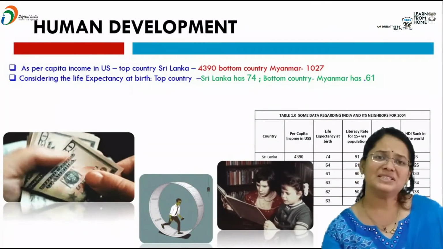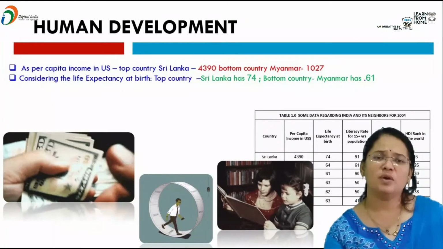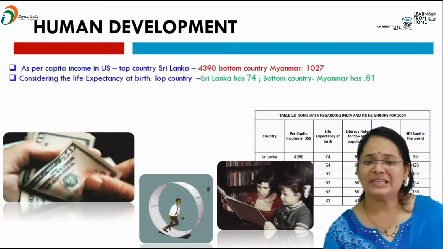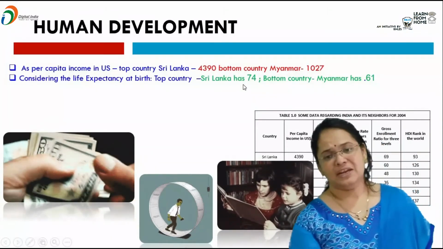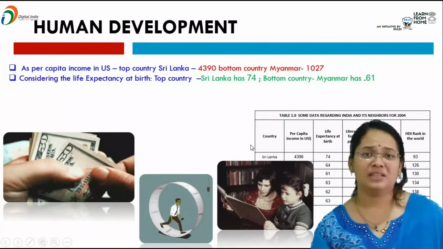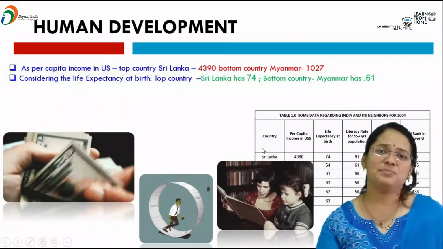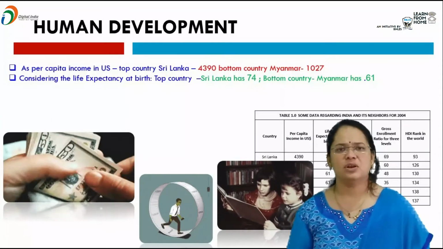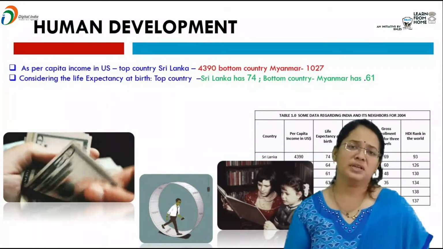Now, when there is a consideration of expectancy at birth, that is life expectancy, then Sri Lanka is ranking first, and the bottom country is Myanmar. Their life expectancy, lifespan is 61 years, and in case of the Sri Lankan people, the life expectancy or lifespan is 74 years.